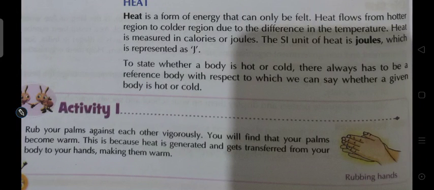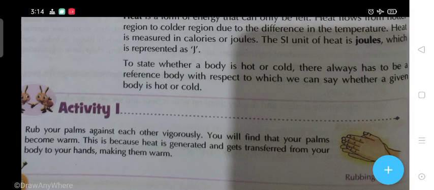So students, let's see an activity here, that is activity number one. Rub your palms against each other vigorously. You will find that your palms become warm, and this is because heat is generated and gets transferred from your body to your hands, making them warm. Students, have you done this thing?